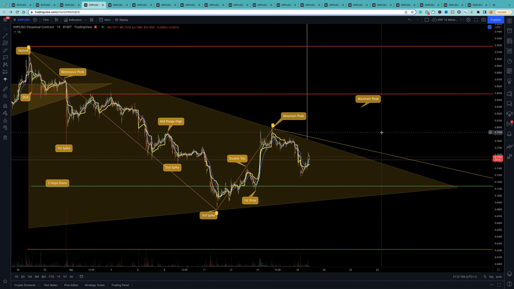So if the death cross didn't happen on Bitcoin and on XRP today, and Bitcoin looks like it's going to have a death cross on the daily tomorrow, or for sure the next day, Anil, I would say we're heading up for Mountain Peak, back up to somewhere in the 80s. And this is double top, and we've got this journey to go first.